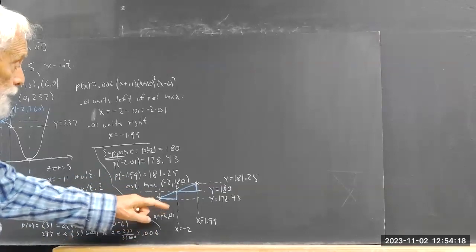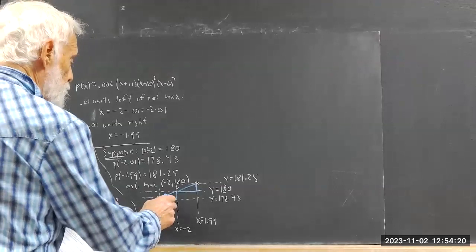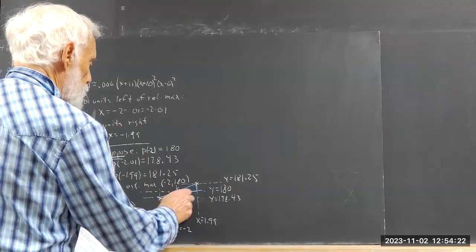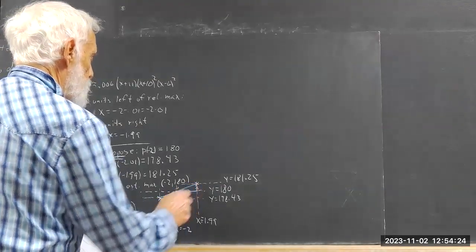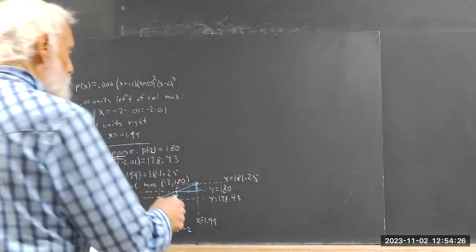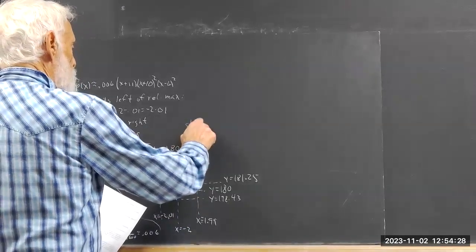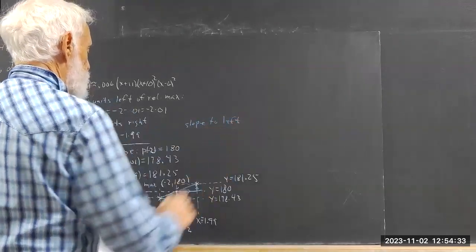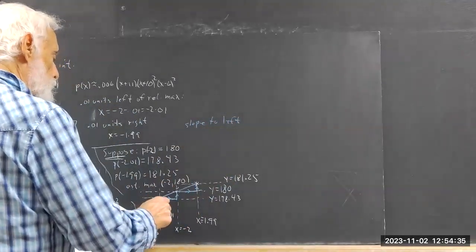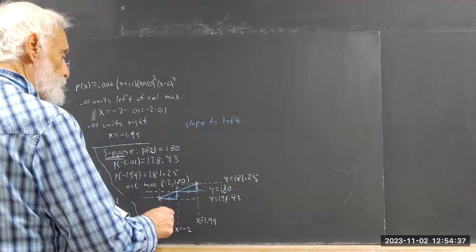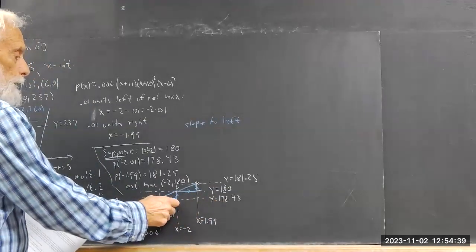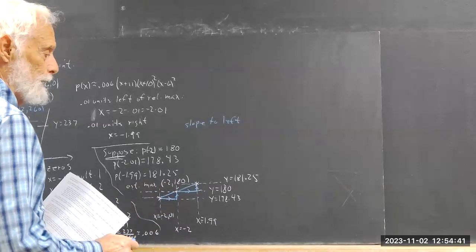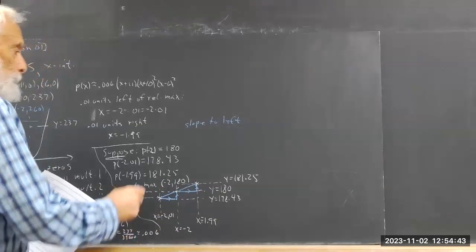The run of each of these triangles, to go from left to right, is going to be 0.01. The rise from 178.43 to 180 is 1.57.